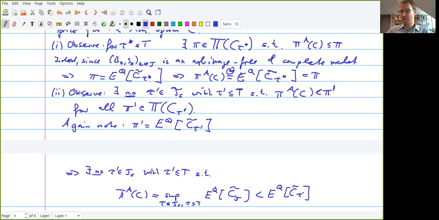Because this tau prime here is an allowed stopping time, so would this be the case, this contradicts the supremum. So this is why we really have no such stopping time, which does this job here. All right, and this means the price P_A of C we just defined is indeed an arbitrage-free price.